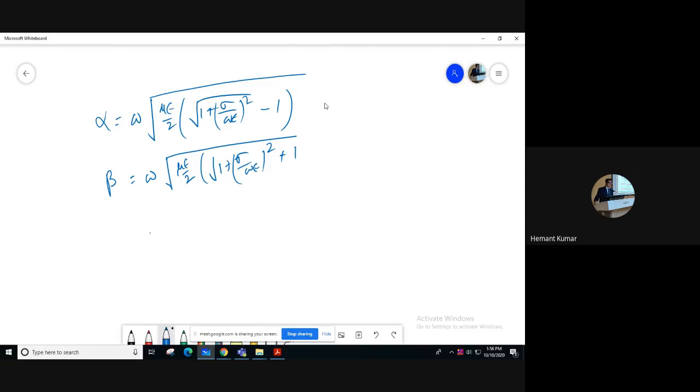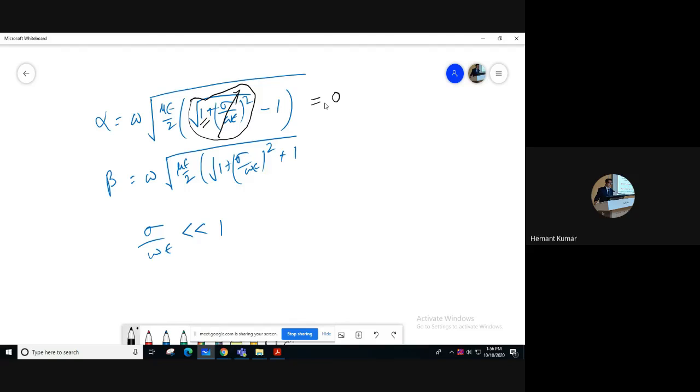Suppose sigma upon omega epsilon is much less than 1. In that case we can neglect this factor with respect to 1, then this quantity will be 1, and 1 minus 1 is 0, so alpha becomes 0.